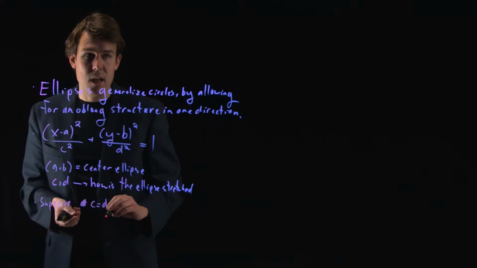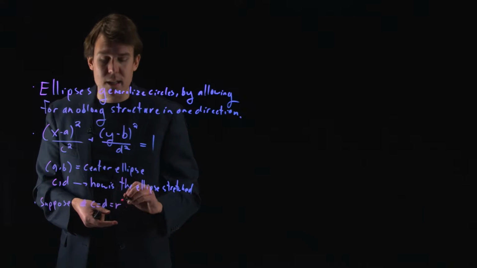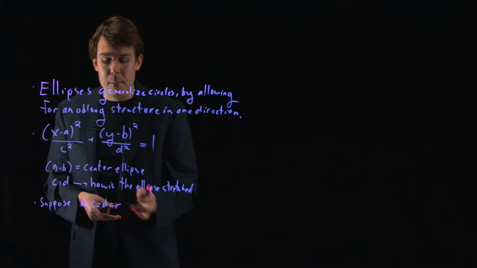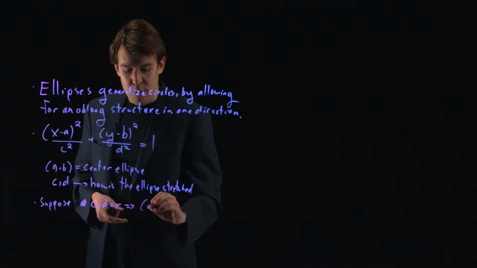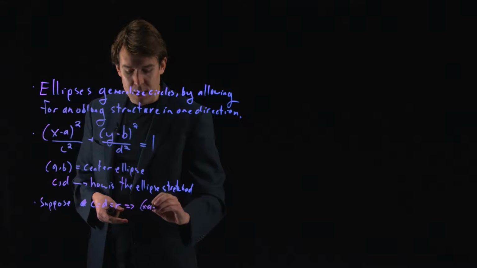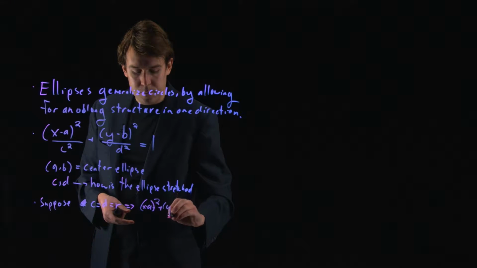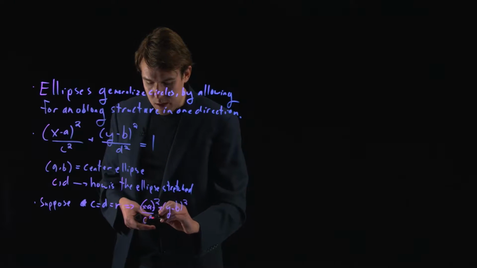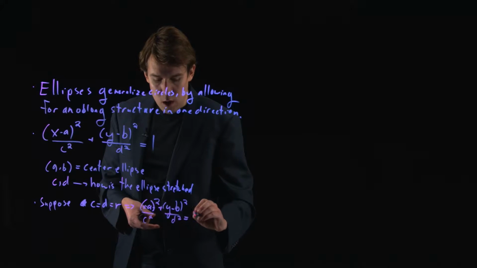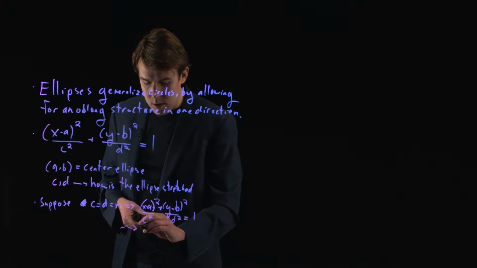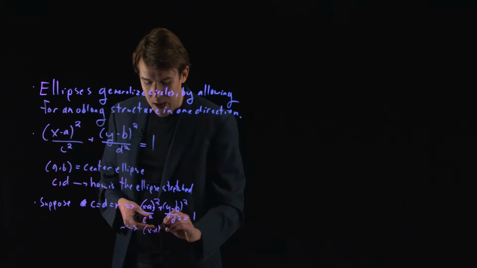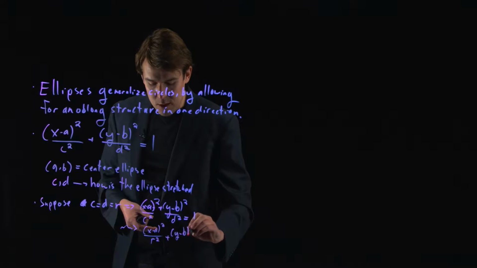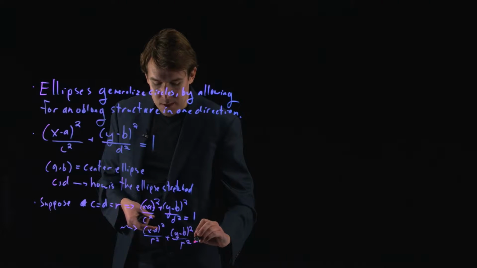and they're both equal to some constant r, which will be suggestive of the radius for a circle. This is intentional, because in this case, the formula for the ellipse becomes simply (x minus a) squared over r squared plus (y minus b) squared over r squared, and this is equal to 1.